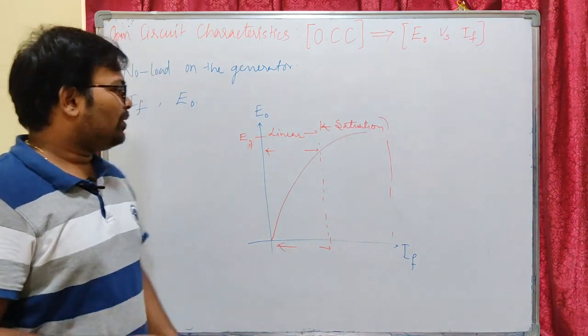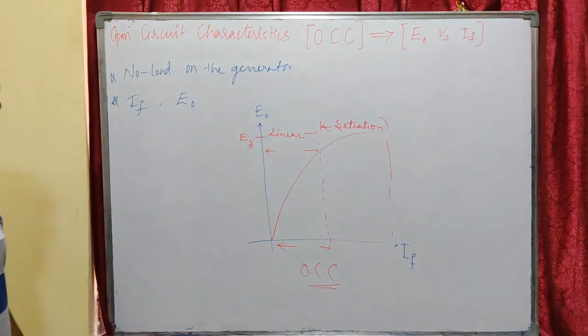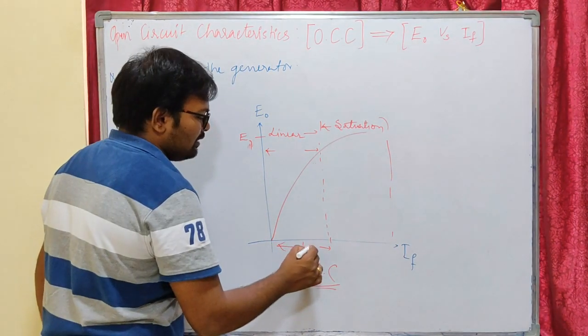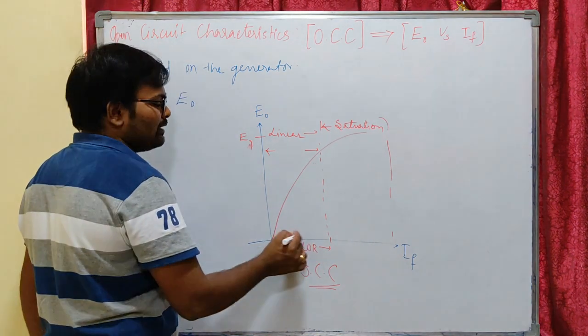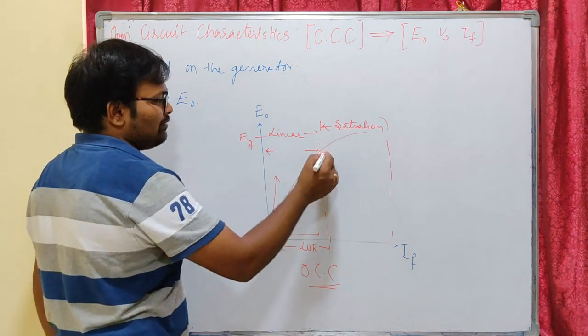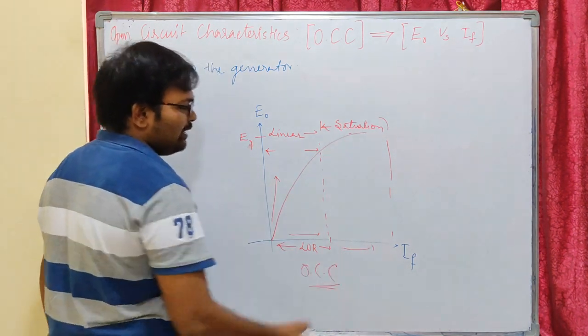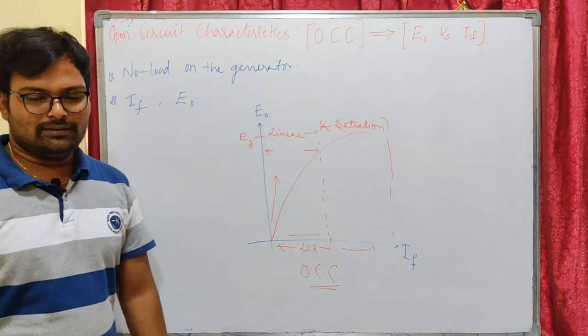So this is the open circuit characteristic, OCC. In the linear operating region, as field current increases, the EMF induced in the stator winding will increase for a certain period. After that it will be constant even if you increase the field current, because of the saturation constraint. So this is about OCC.